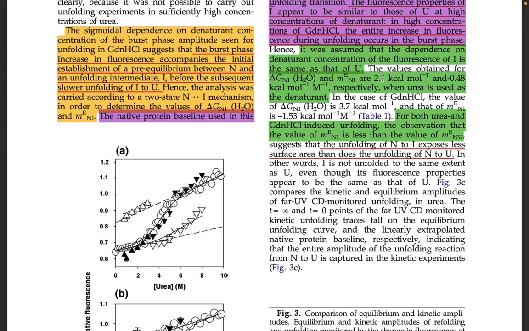This is the difference between intermediate and the native state. So this is important: in urea, the difference between native and intermediate state is 2.1 kilocalorie per mole, and the m value is 0.48 kilocalorie per mole per molar. Now, in the case of guanidinium hydrochloride, the value of delta G NI in water is 3.7 kilocalorie per mole.